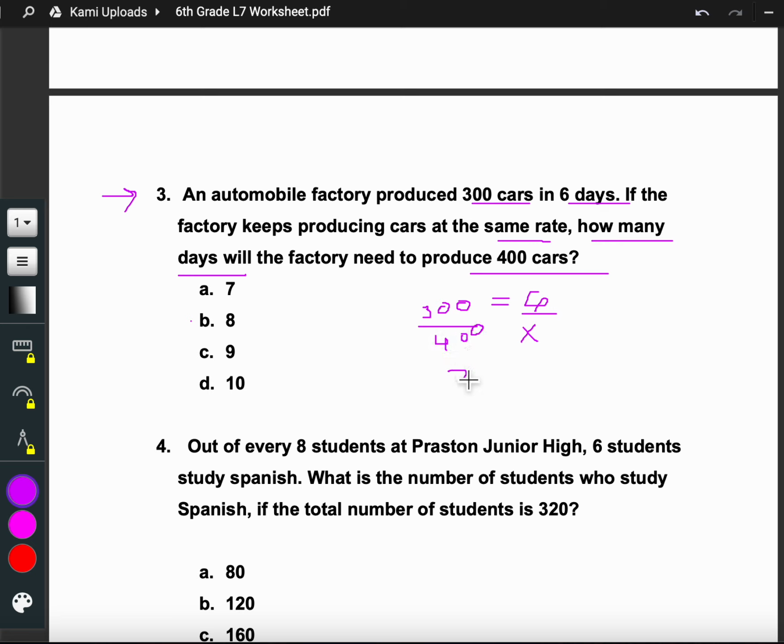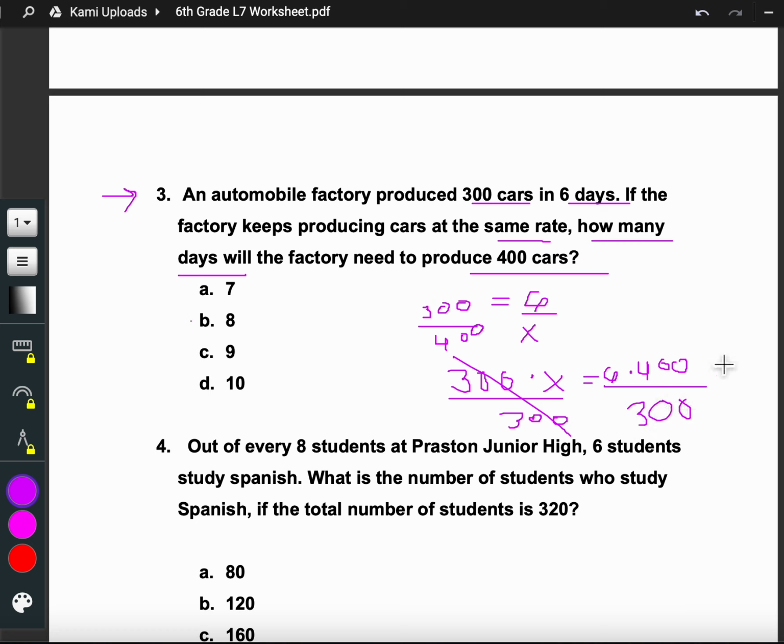So once again, we're going to cross multiply. So it's going to be 300 times X and 6 times 400. Okay, so we're going to divide both sides by 300 like this. 300 divided by 300 is 1.